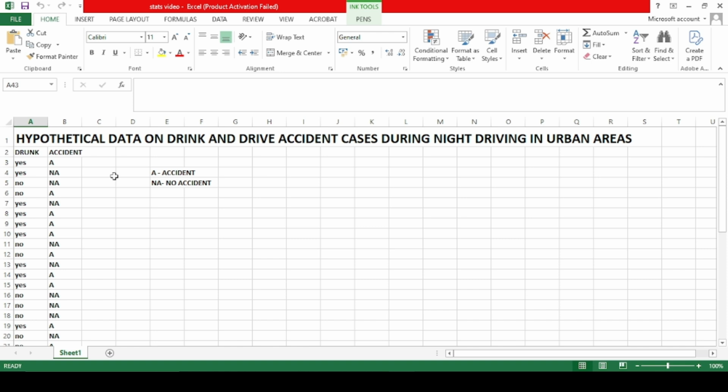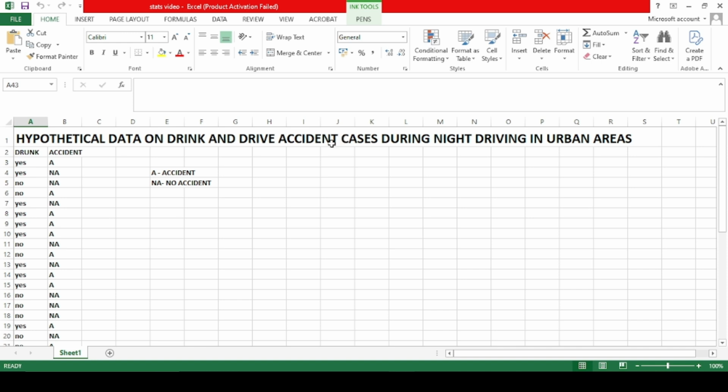So we have hypothetical data on drink and drive accident cases during night driving in urban areas. This is self-generated data. It has no credible reference to it, and it tells us about the drink and drive accident cases in an urban area.